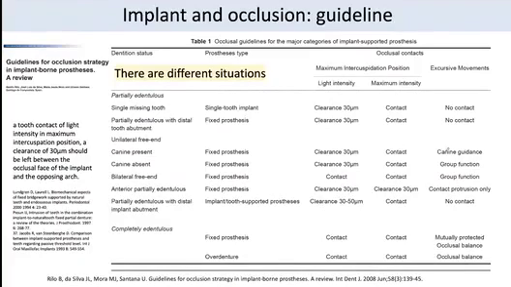For example, in this paper from Widmer and others in 2008, they tried to analyze different situations, to say, here we have to make some direct contact, and in this situation we have to maintain a clearance of 30 microns.